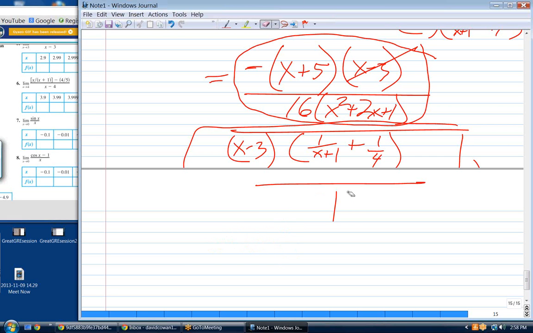I kind of got lost. Okay, let's see. If I add those two fractions there, I get 4 over that, and I get x plus 1 over that.